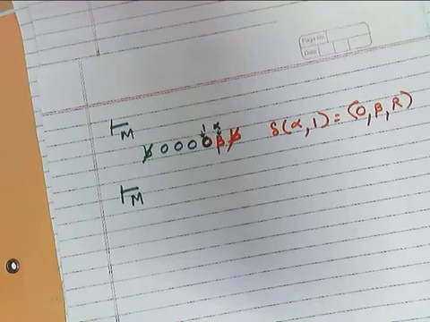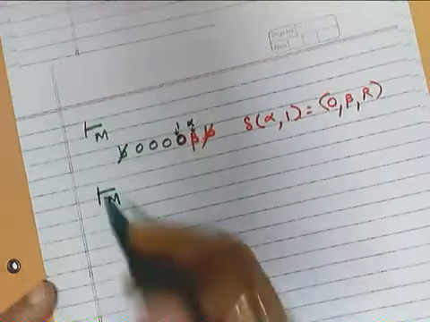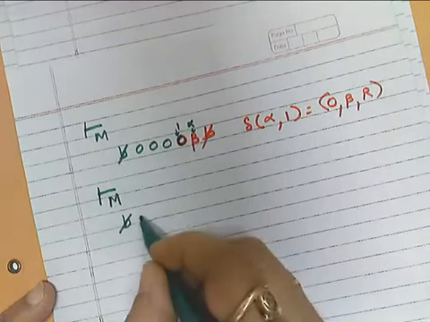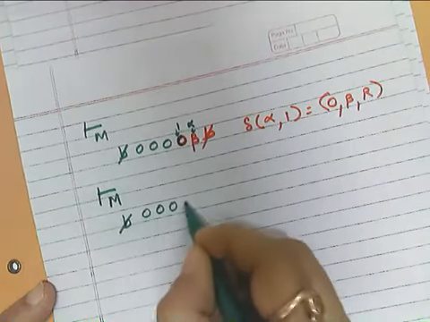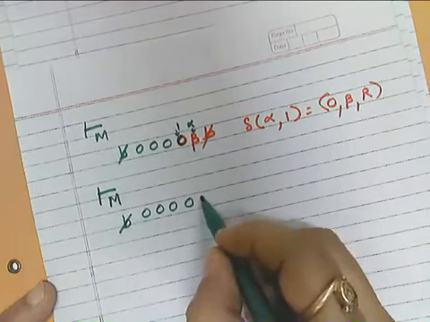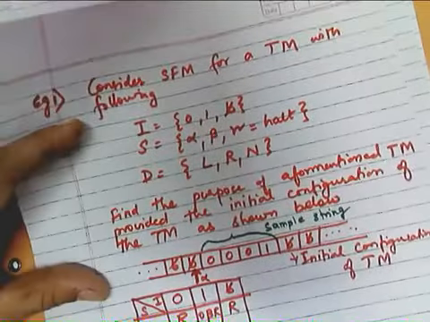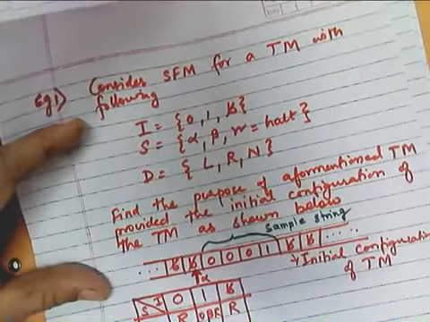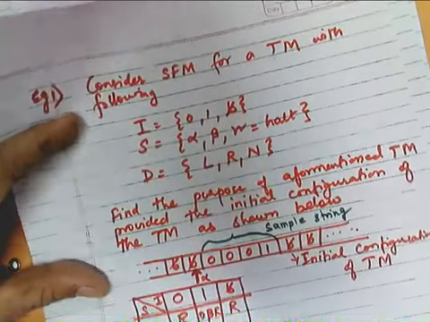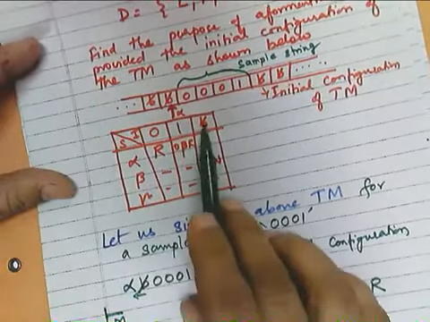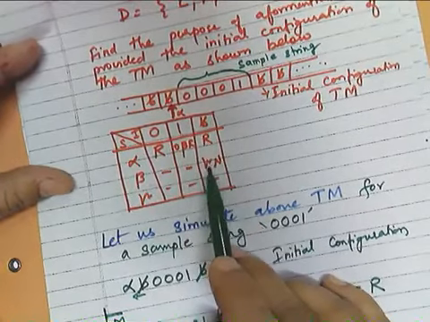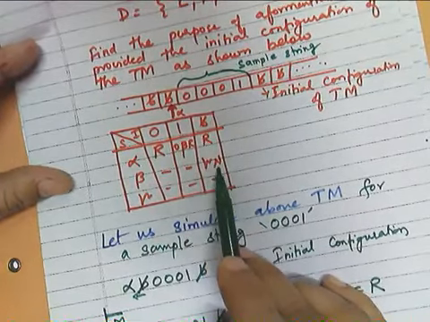So in this, we will write blank 0 0 0 0. Now beta is reading what? Blank. So what is happening when beta is reading blank? Beta on blank moves to the gamma state with no movement.